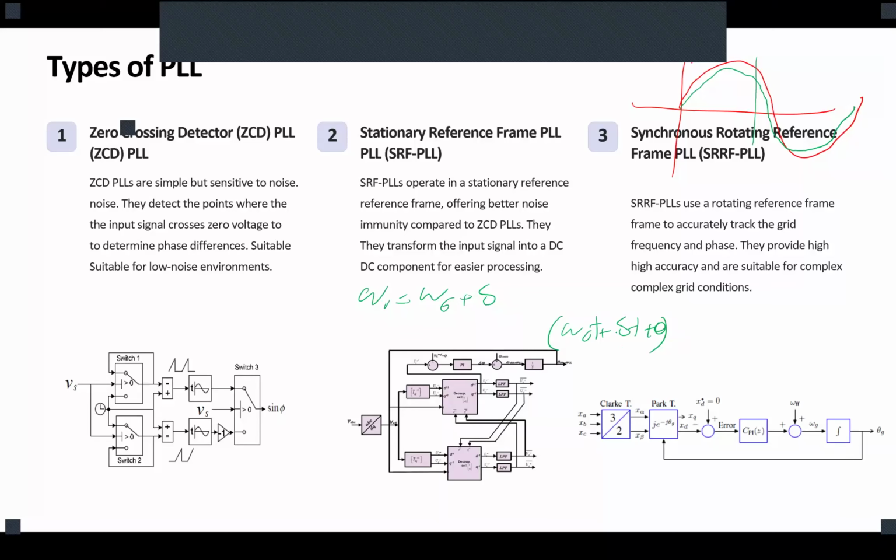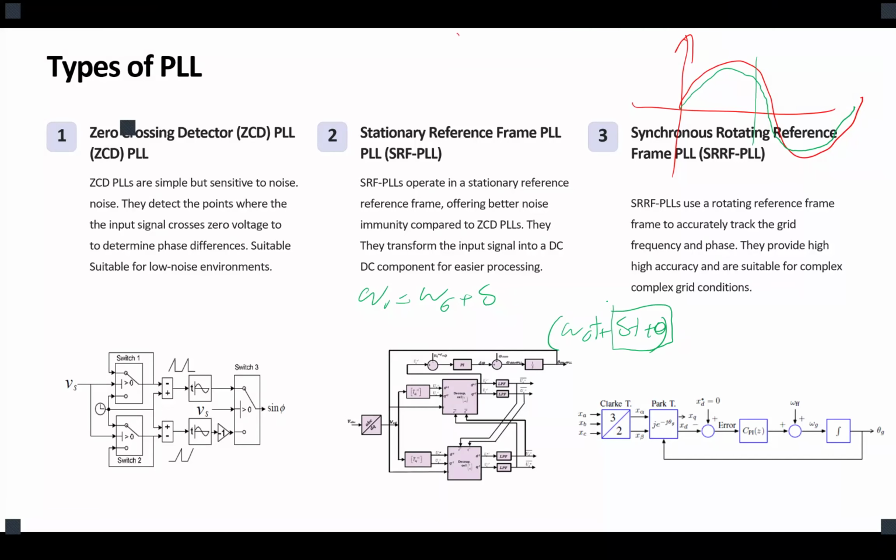The system would assume this part as the initial phase angle, because the assumption is that the omega is synchronized for the system. So if you're out of synchronization, what the system would see is a different phase angle. So you would lose control of active power injection. It would be an error in your active power injection.